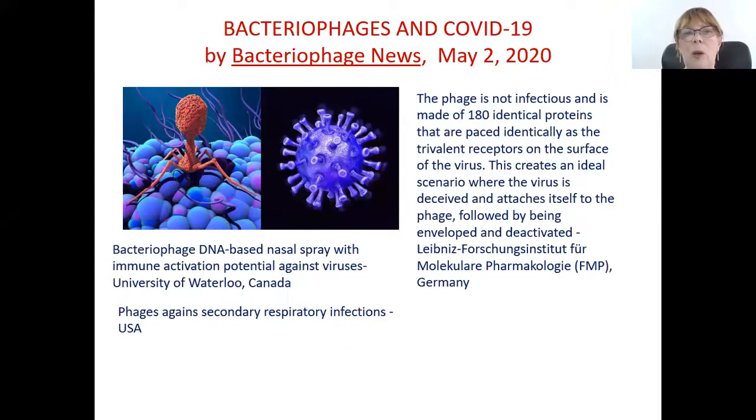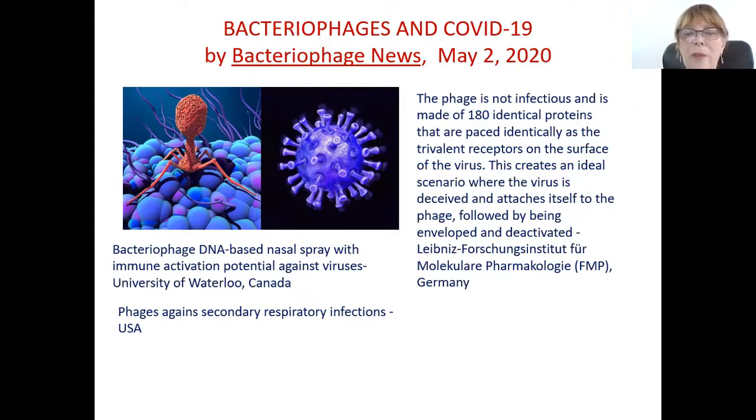On the way of acceptance of bacteriophages, COVID contributed a lot. And how and why? Because COVID was such a big problem in the world that it was necessary to accumulate all knowledge that was possible.